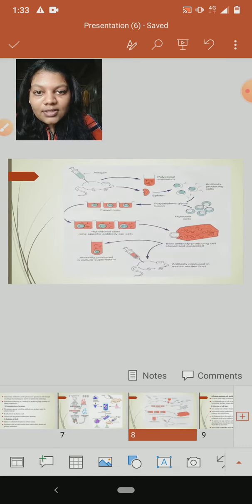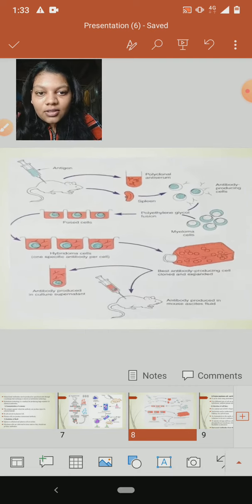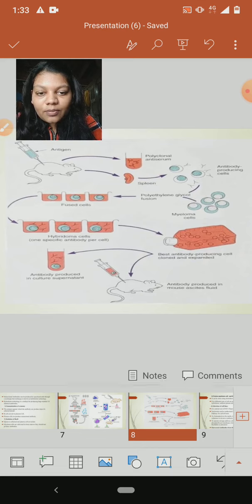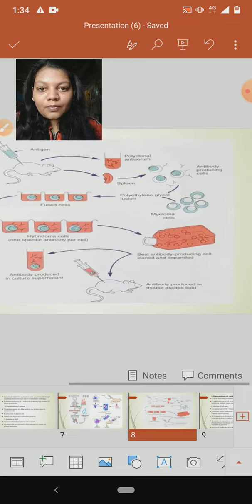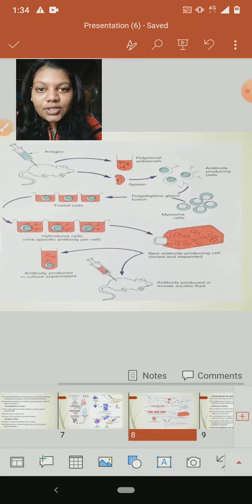In the second slide, there is a diagram of the procedure of monoclonal antibody production. In that, the antigen is injected into the animal, that is a mouse. We collect the spleen cells, which are antibody-producing cells, and then the myeloma cells and spleen cells are fused with polyethylene glycol.